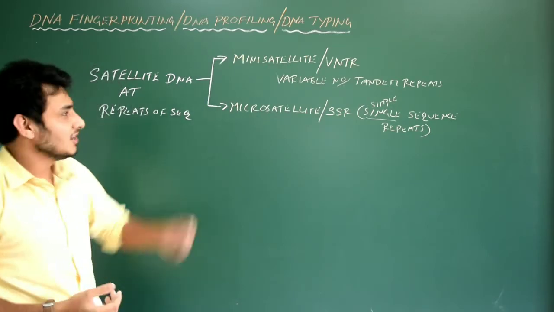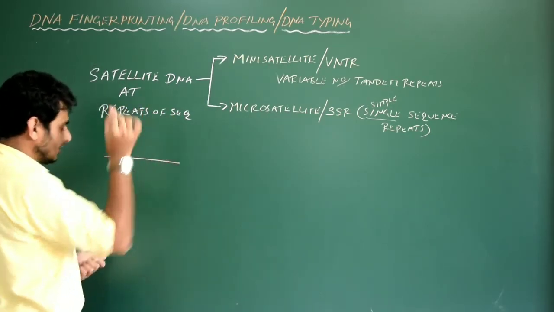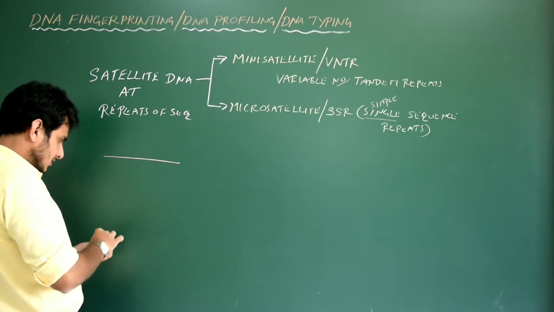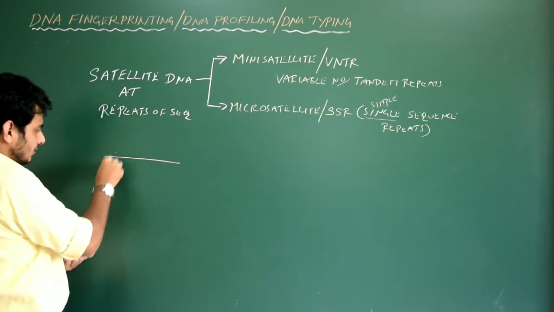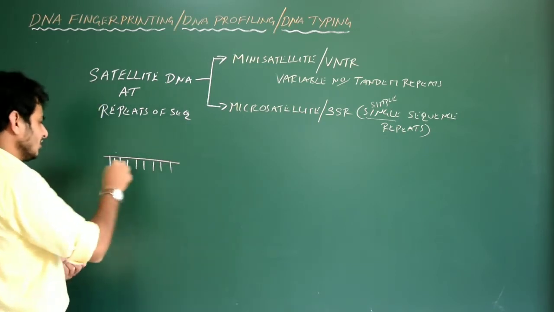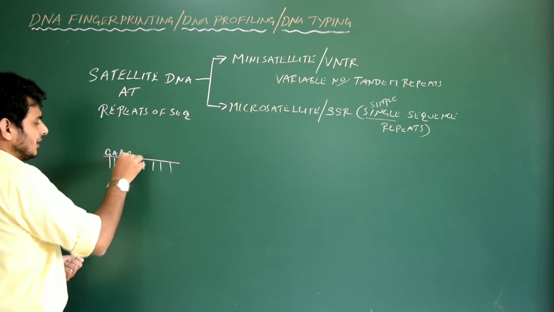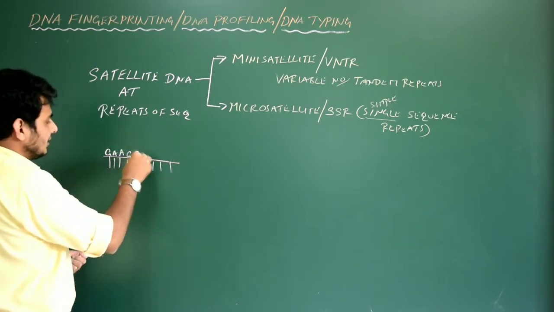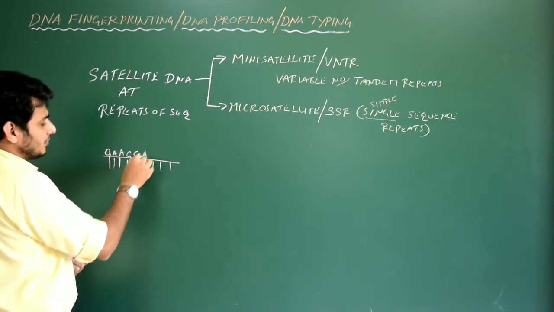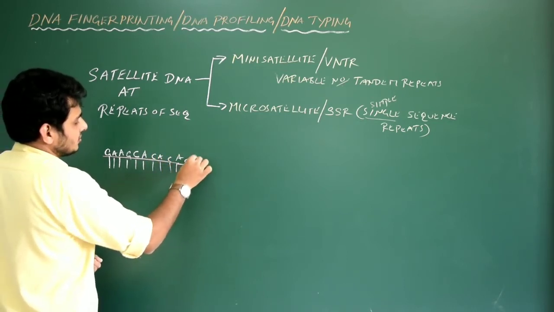So we understood what satellites are. Satellite means, see, this is now DNA, and let me just consider only one strand of the DNA, that is enough. So GA is here. Now let me write AG, and here I am going to write CA, next CA, next CA, next CA.